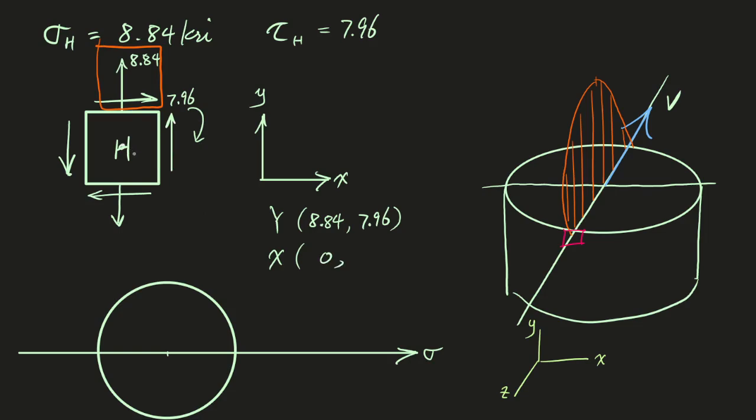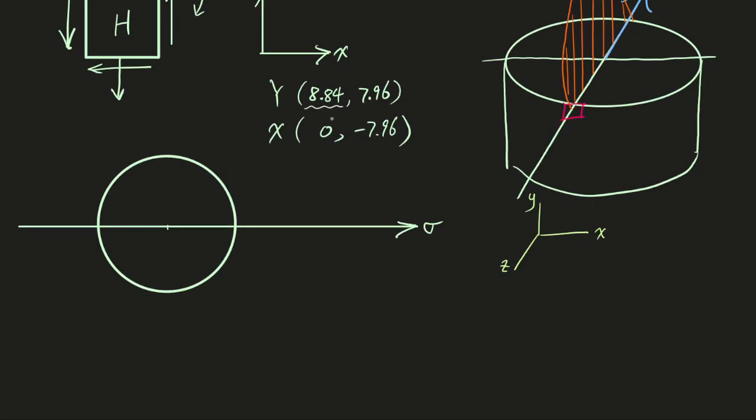Center at H, this stress over here is trying to create a counterclockwise rotation. In the unintuitive way, that's a negative 7.96. Okay, now you have the two coordinates, let's plot it.